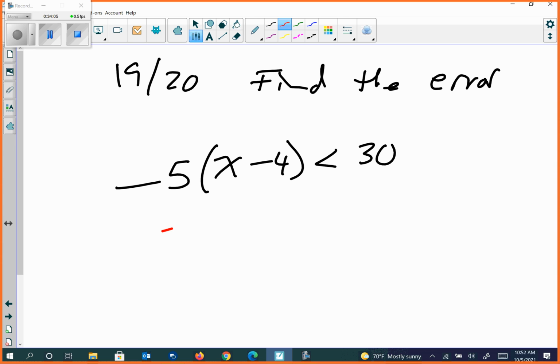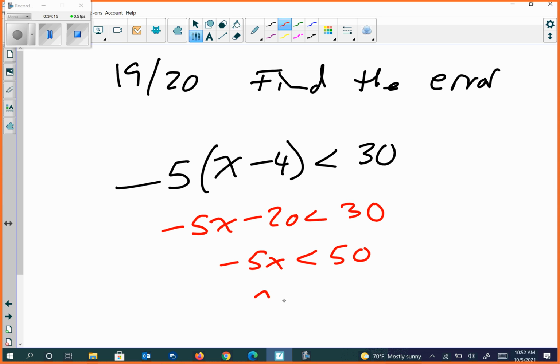And let's say they haven't worked out, and they haven't worked out like this. Where did the error take place? What do you think? Go ahead.